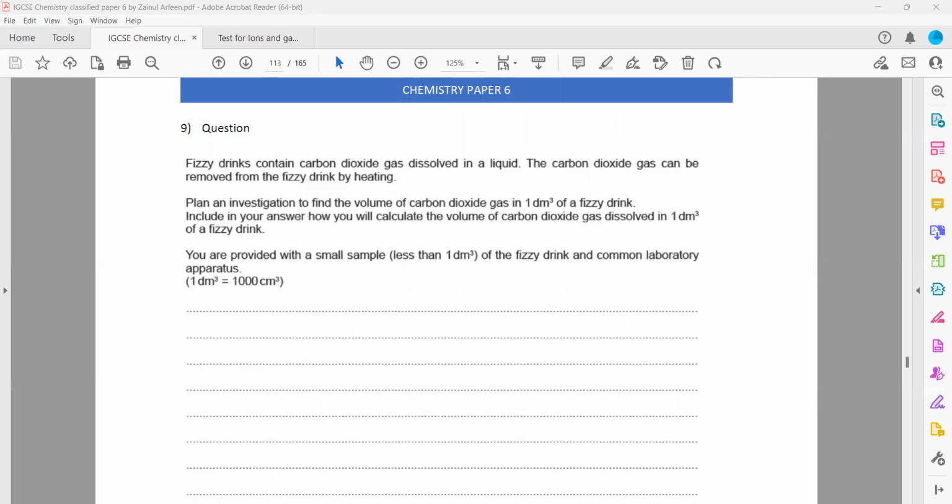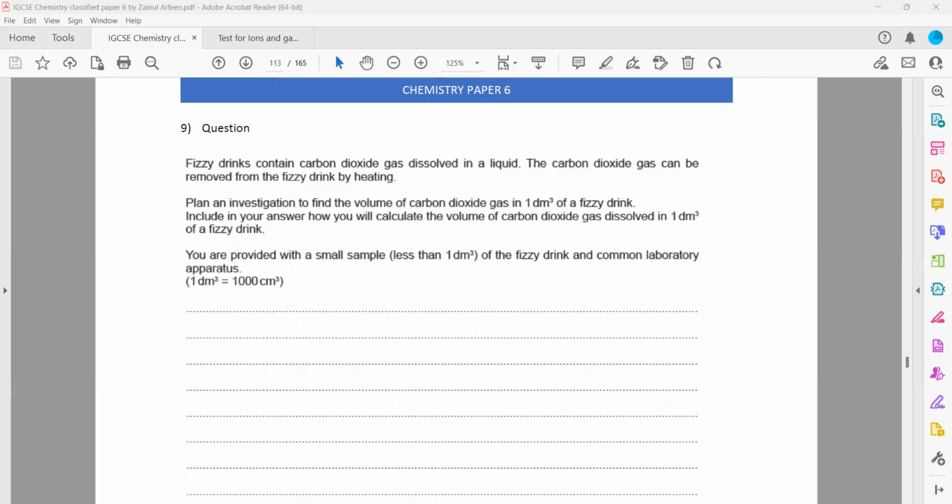And then we can conclude that if we had 0.5 decimeter cube, we will have half the volume of gas as in 1 decimeter cube. Okay. But deducing a volume of the gas from the mass will be a difficult thing.